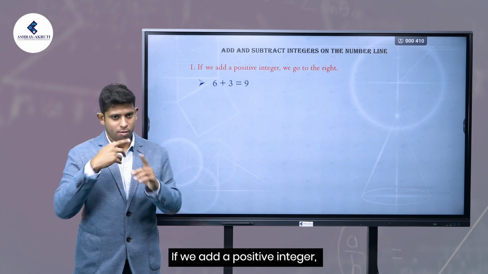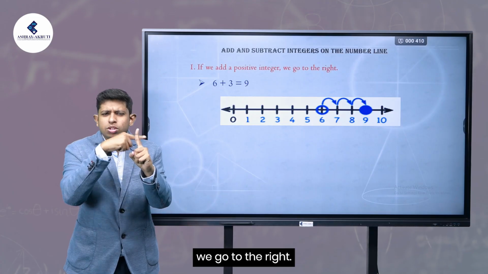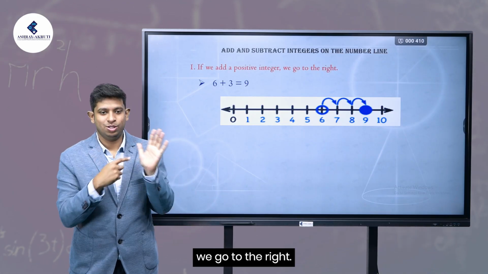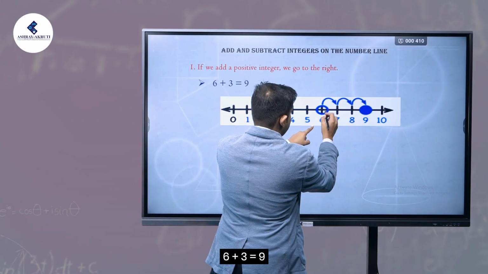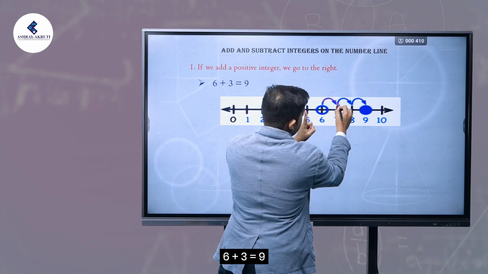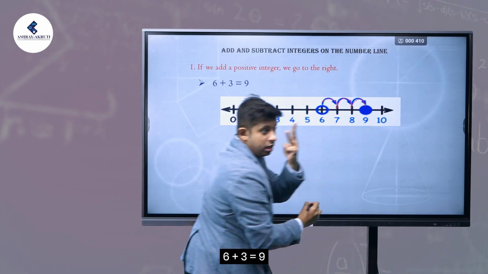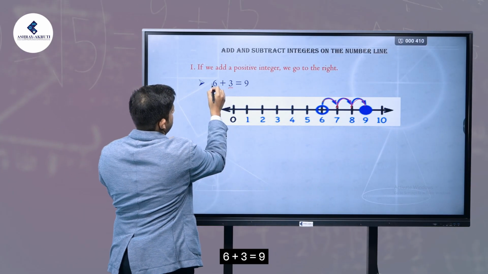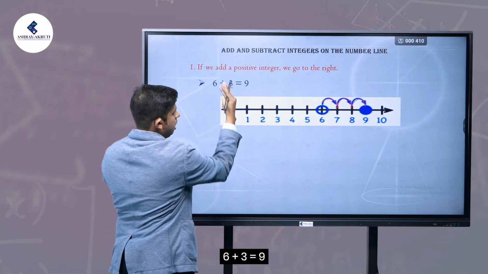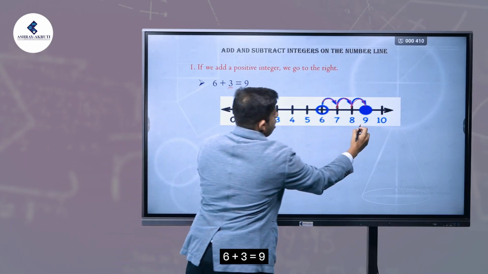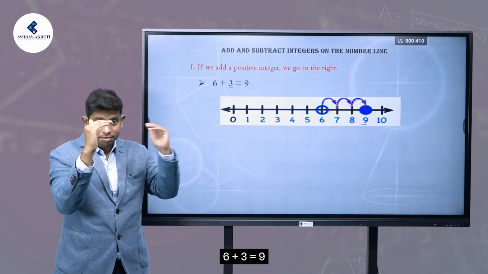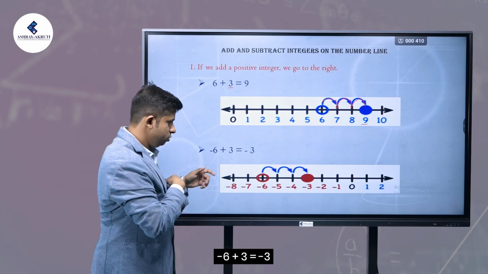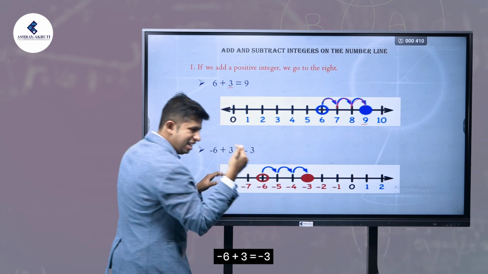If we add a positive integer, we go to the right. 6 plus 3 is equal to 9. -6 plus 3 is equal to -3.